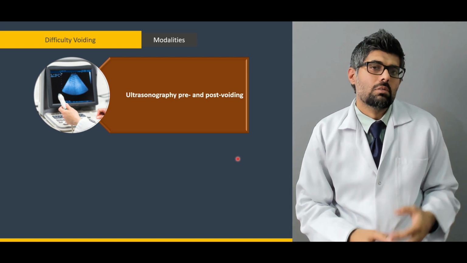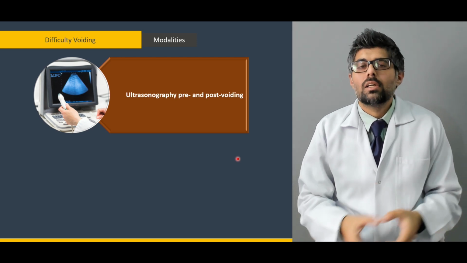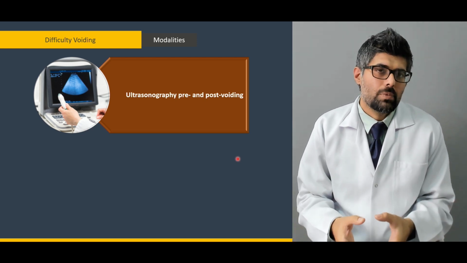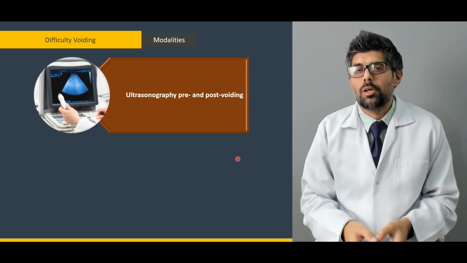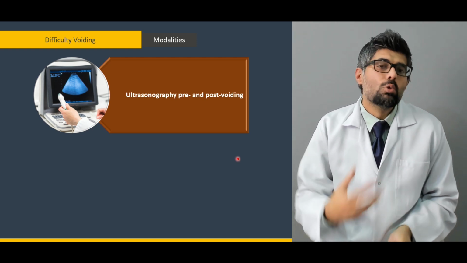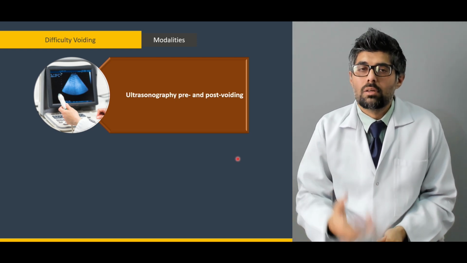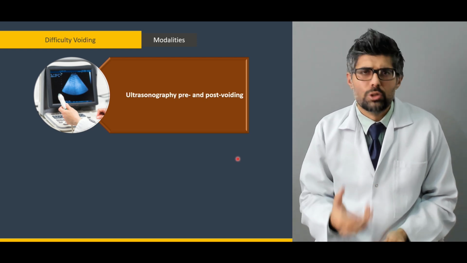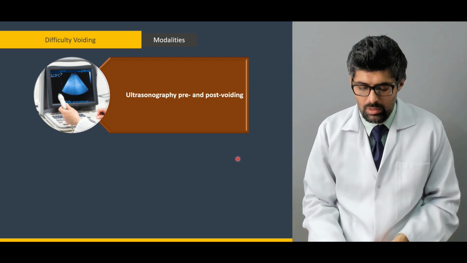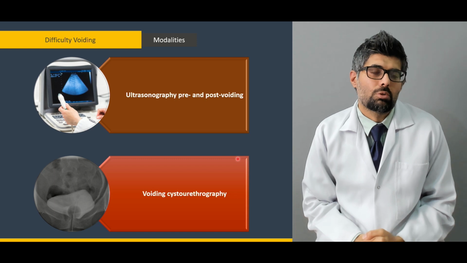Now, the patient that is suffering from difficulty in voiding is given a series of ultrasounds, both pre-void and post-void, and the volume of urine before the urination and after the urination is measured, through which it can be easily estimated if the patient is suffering from bladder outlet obstruction, or if there is some kind of stricture in the urethra, or if it's of neurogenic kind.